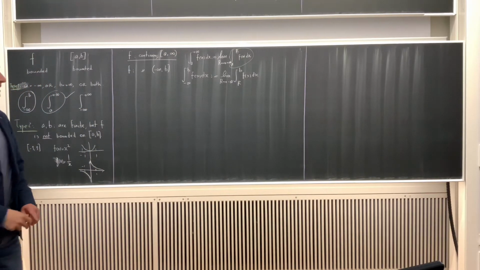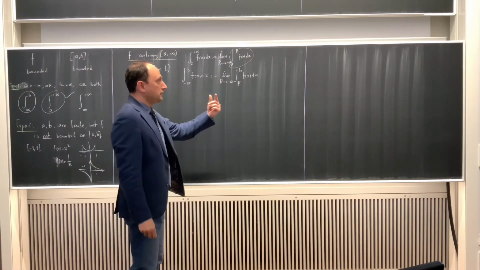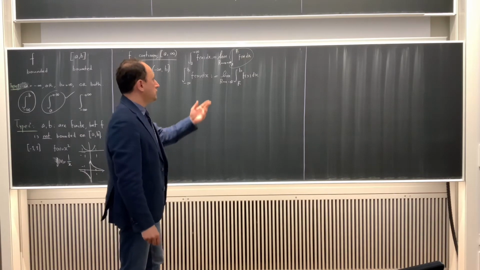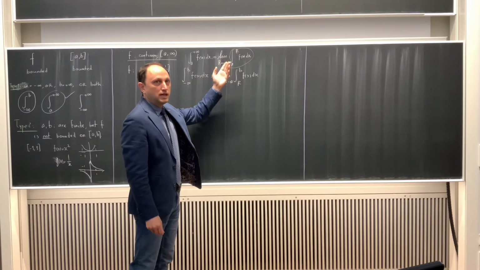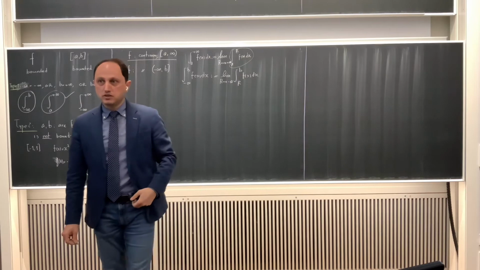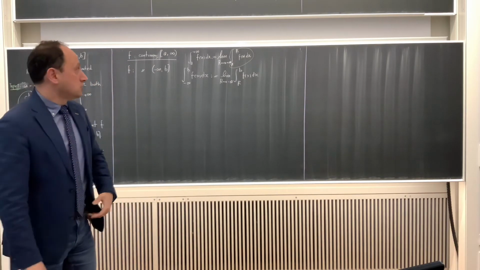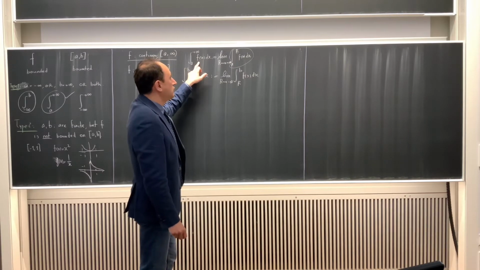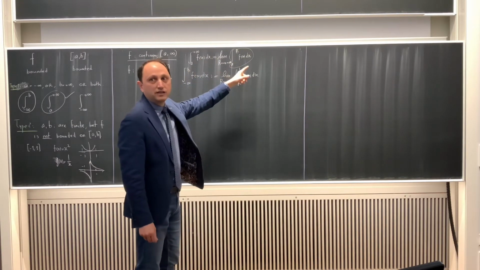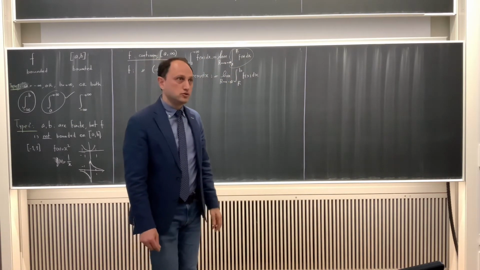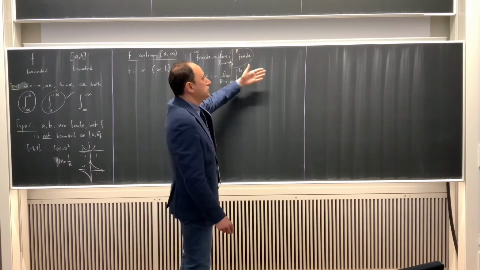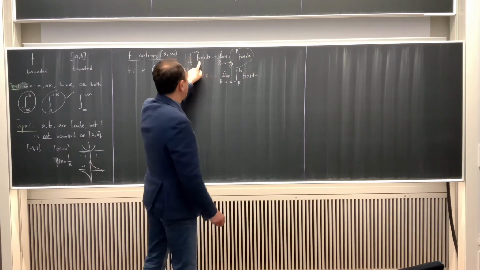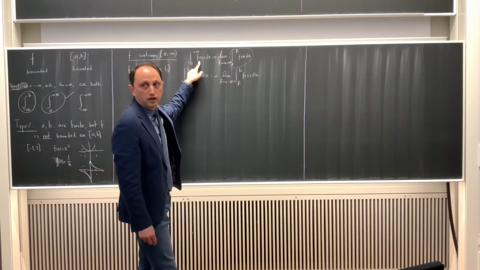Okay, and then there are some terminologies I want you to know, because sometimes limits exist and sometimes limits don't exist. So if the limit exists, we say that this integral converges to that value. That is the terminology used, okay? If you calculate this limit and it turns out to be 5, then you say that this integral converges to 5.